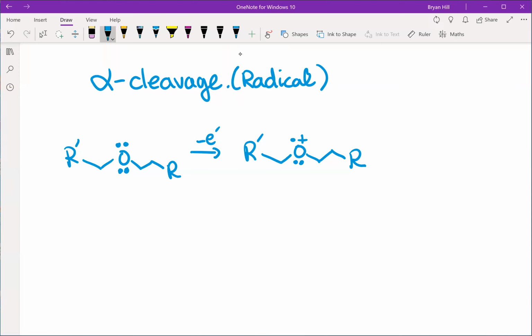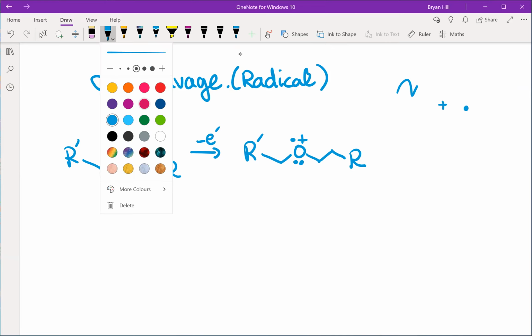Okay, so with this radical site-initiated cleavage, or alpha cleavage, if we're doing radicals, remember movement of radicals is this little fishhook arrow here. So what we're going to end up doing is breaking bonds using this fishhook arrow, and we're going to generate a positive charge and a radical.